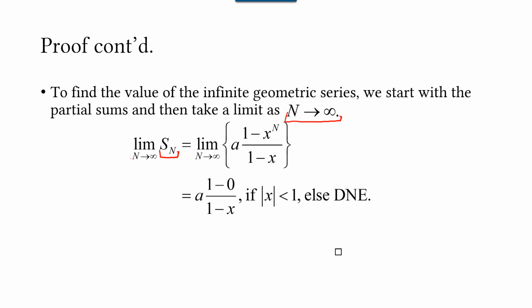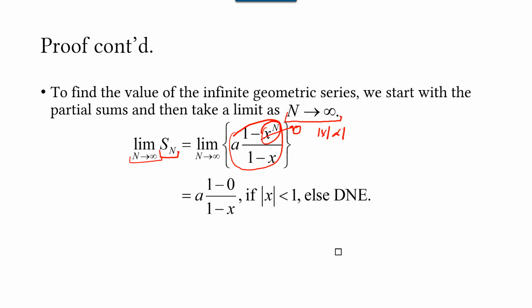So letting n go to infinity means I'm going to be taking an infinite sum now. By the finite geometric series formula, S sub capital N is equal to this quantity. And then the idea is that if I'm taking x to the capital N and letting n go to infinity, that's going to go to 0 as long as x in absolute value is less than 1.